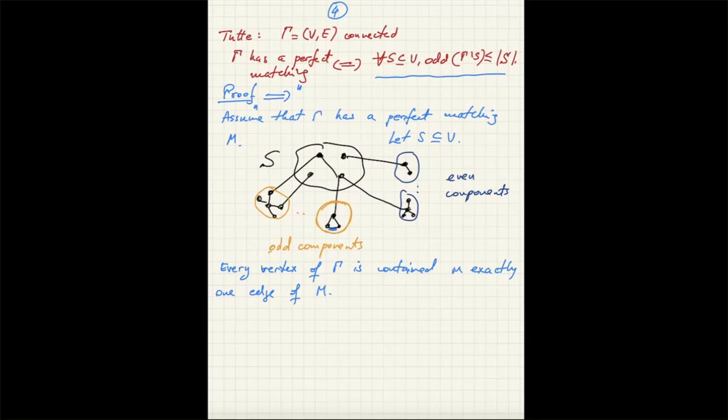So you could have, for example, this as an edge of a perfect matching, but no matter how you do it, because the component is odd, there will always be one vertex for which the blue edge that contains it has to go between that odd component and S. Not all the edges can be inside that component, because in an odd component you have an odd number of vertices.